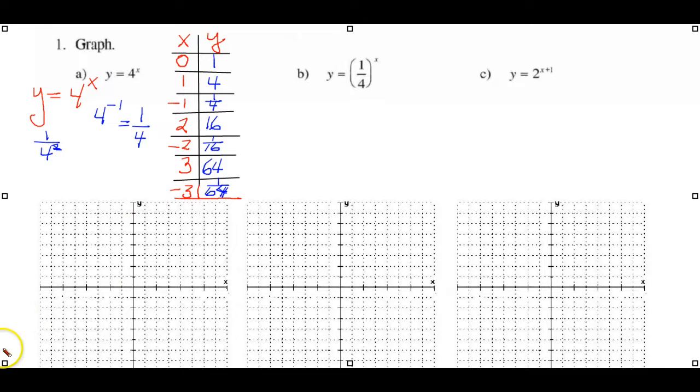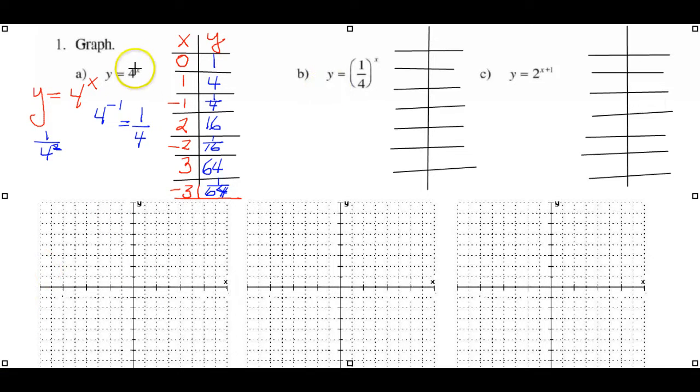Now, another thing that I often like to do is to show you a little bit on how these graphs work. Where this is y equals 4 to the x power, how about if we have this one, y equals 3 to the x power, and this one, y equals 2 to the x power, and we're going to put our same values in each one of these.